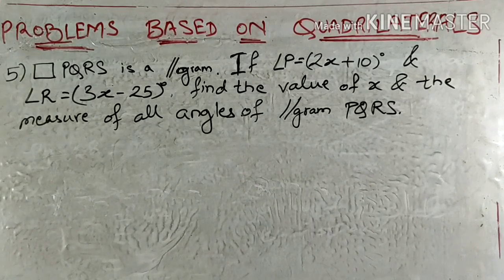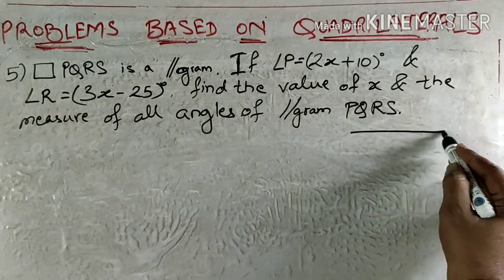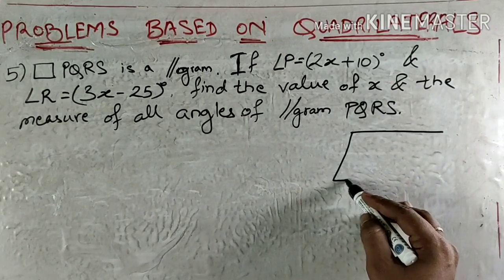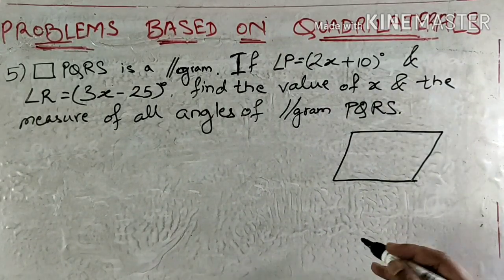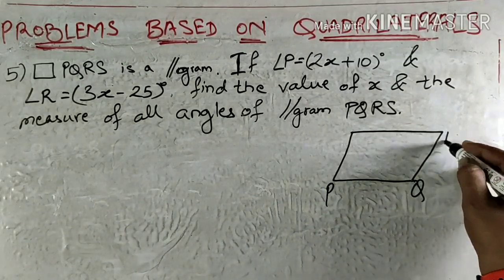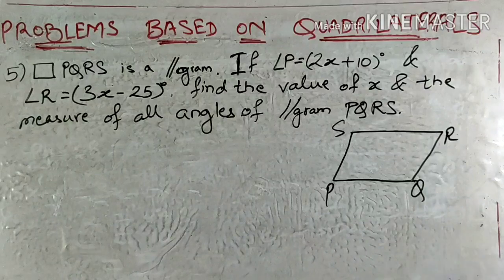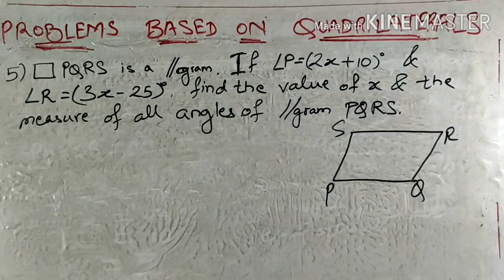So before jumping on to any conclusion, we just need to draw the rough diagram. It's given that it's a parallelogram PQRS. So angle P and angle R are given to us.